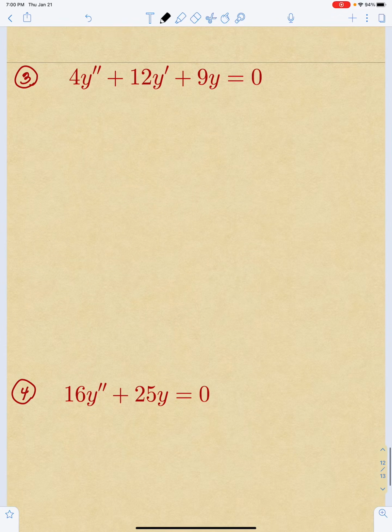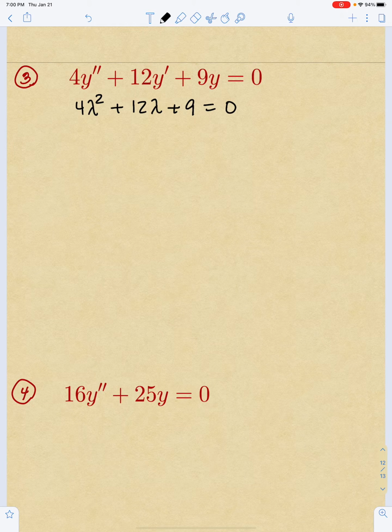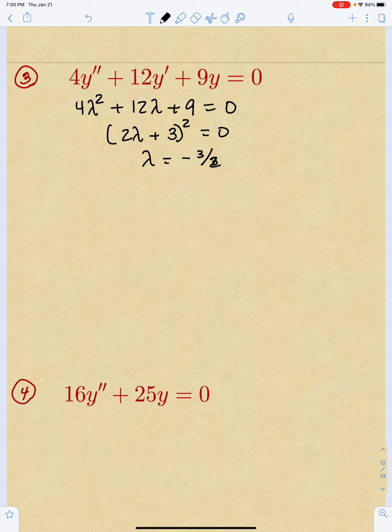Coming up to number 3 here, another one where, again, it's constant coefficients. So we have 4 lambda squared plus 12 lambda plus 9 equals 0. And this one turns out to factor as 2 lambda plus 3 quantity squared equals 0, which means we have a repeated root of -3 halves. So that's another special case.